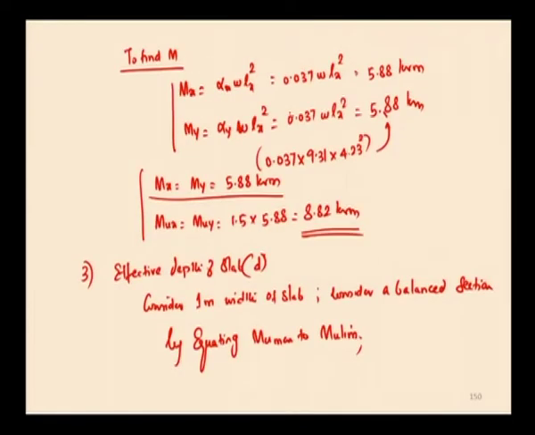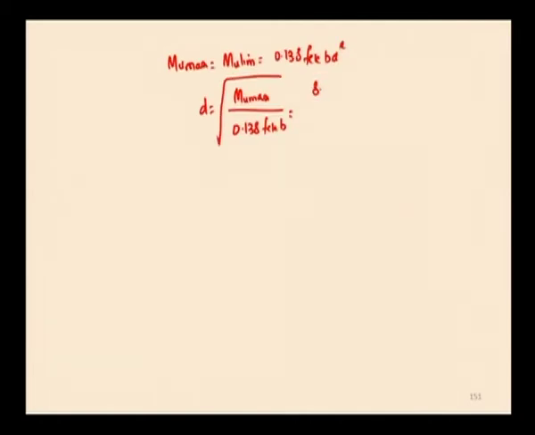Here mu maximum is 8.82 kilonewton meter, into 10 to the power 6 Newton millimeter, divided by 0.138 into 20 into 1000. We are considering 1 meter width of the slab.